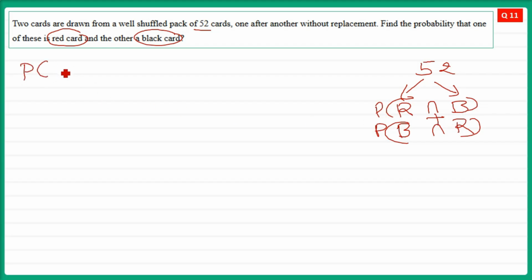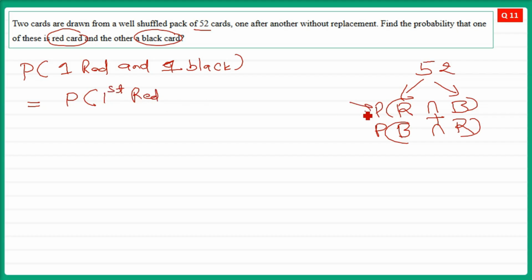So what we are trying to suggest here is that the probability of one red and one black card is going to be equal to the probability of getting a red card followed by a black card. The first is a red card. This is what P(R ∩ B) represents, the first red followed by the second black card, and this is when the replacement is not done, without replacement.